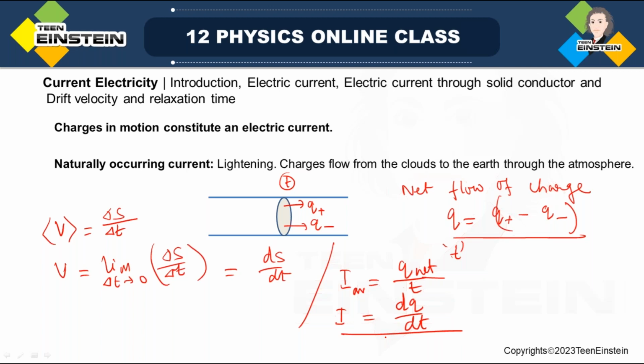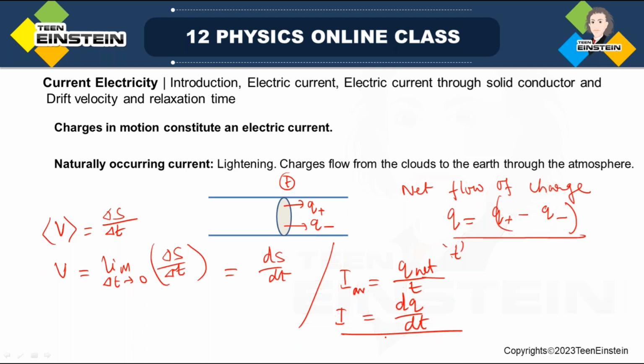Since we have already learned what current is, we can understand what the unit is.